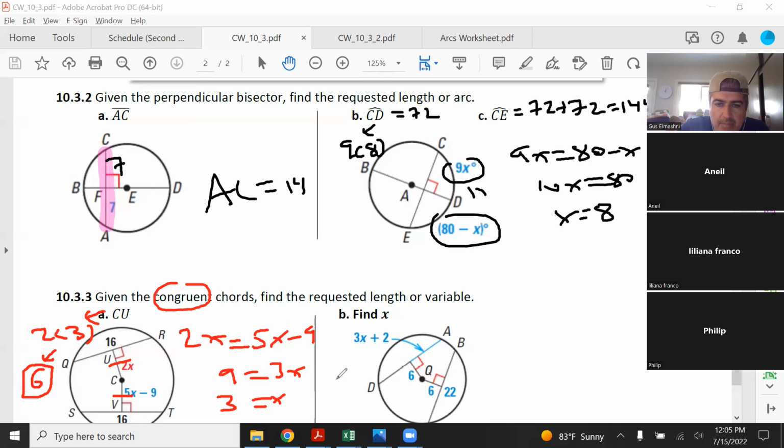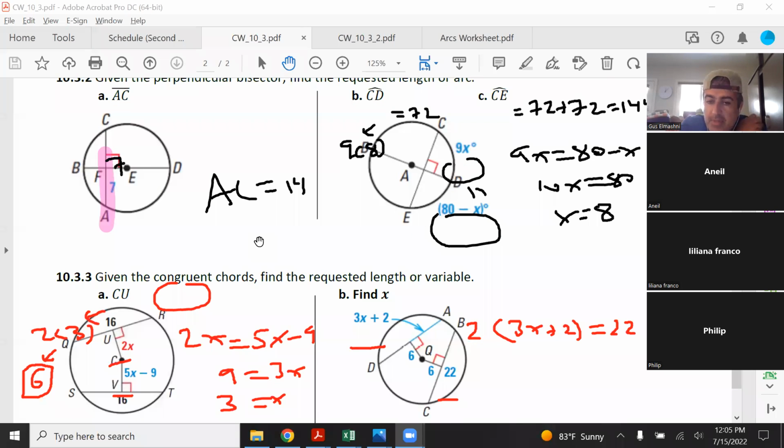Then here, 3x plus 2 and 22. Well, 3x plus 2 is half of AD, so I'm going to multiply that by 2 and set equal to 22. Remember, it's hard to see, but BC is a chord, and it's going to be the same as AD.